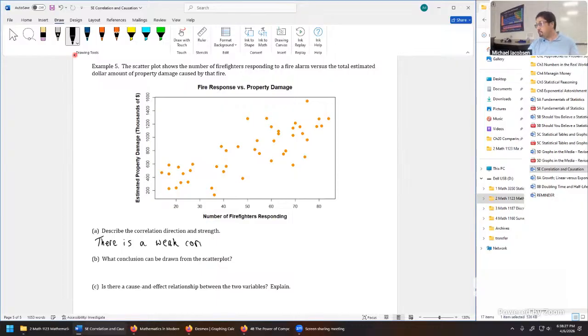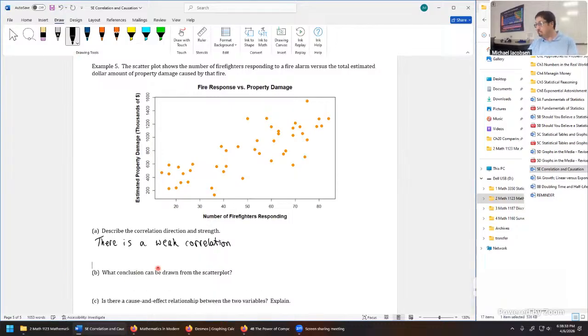Weak correlation between number of firefighters and property damage.